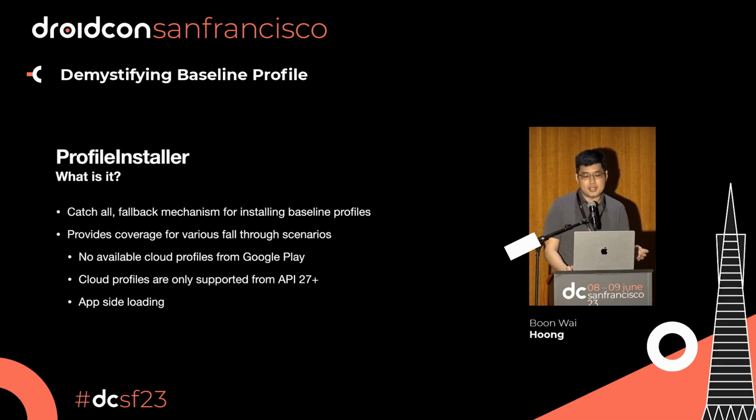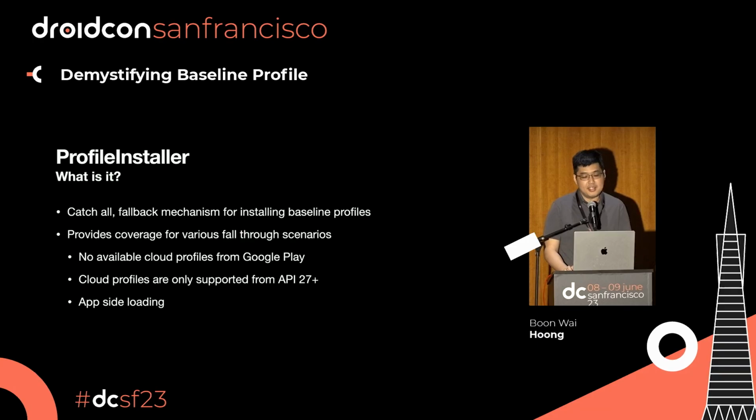Some of these scenarios are like Google Play: when Google Play doesn't have a cloud profile, it falls back to baseline profiles. There are also scenarios where cloud profiles are only supported from certain API versions and above. If your device can't support cloud profiles, it will fall back to baseline profiles with the profile installer.